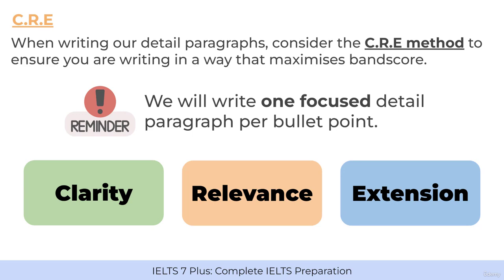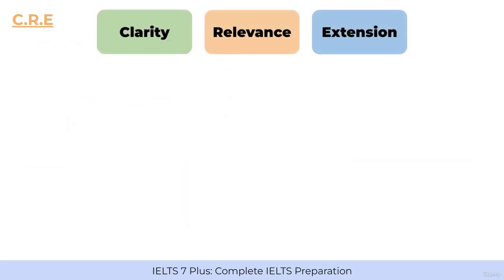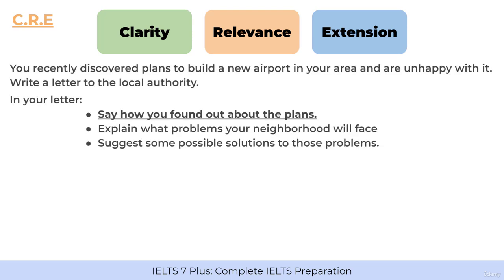Extension, extending my writing with extra detail. Okay, so what we'll do is we'll take a look at an example question, and then we'll see an example detailed paragraph answer for a certain bullet point, and we'll sort of go through and talk about the clarity, relevance, and extension used within. Let's take a read through the question.